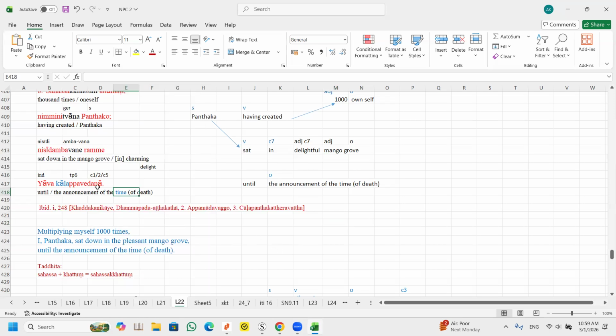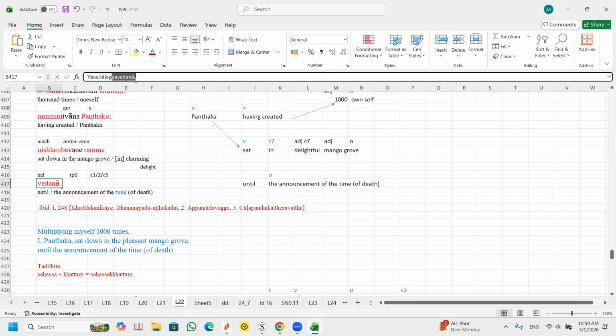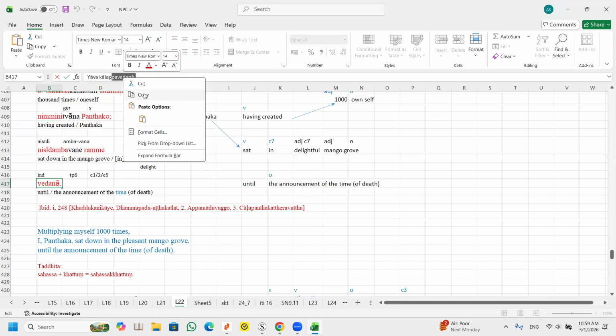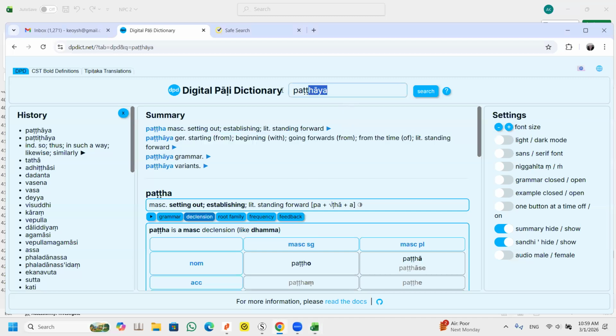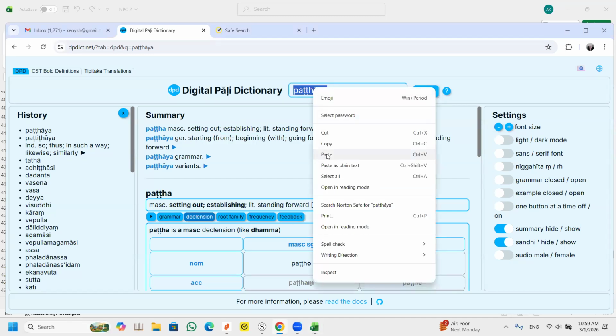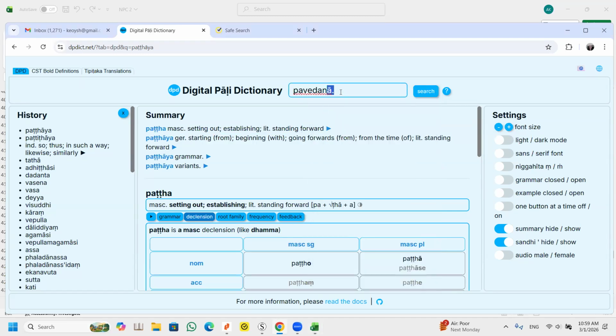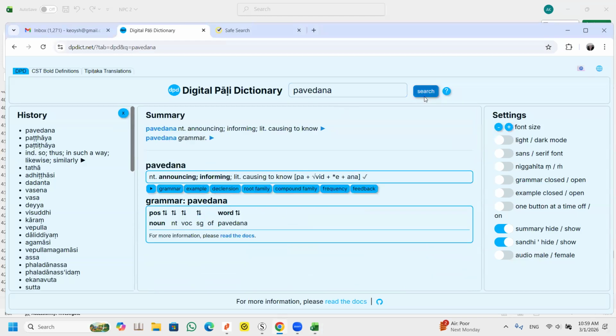So if you are not sure of this word, this one, pavedana, what you do is you have to take this word out and look into the dictionary. Look into the dictionary and then try to figure out. Put a short A first. When you put a short A, you can see that it's a neuter noun, right?